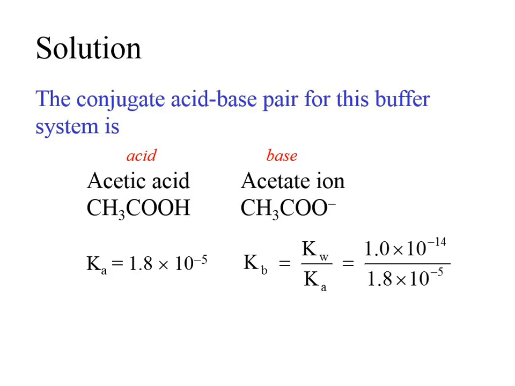So in my notes, I worked out what the Kb is. If we needed the Kb for the acetate ion, because of its relationship with acetic acid, it would be 1.0 times 10 to the minus 14 divided by Ka, 1.8 times 10 to the minus fifth. Kb is equal to 5.6 times 10 to the minus 10.